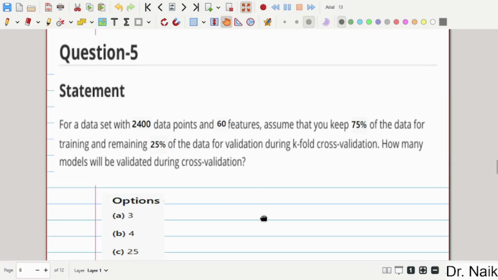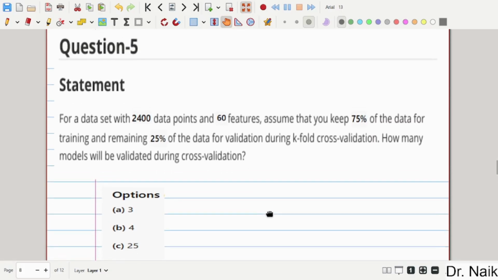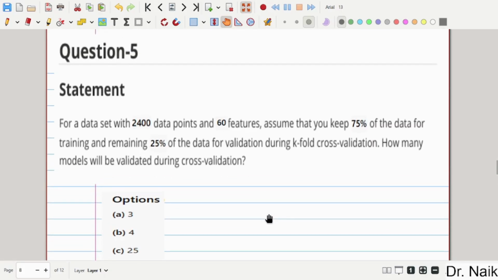Now solve another question based on k-fold cross validation. Question 5. For a dataset with 2400 data points and 60 features, assume that you keep 75% of data for training and the remaining 25% of data for validation during k-fold cross validation.